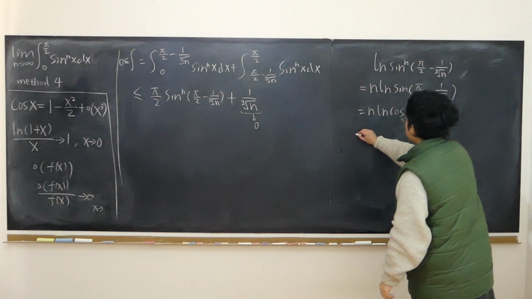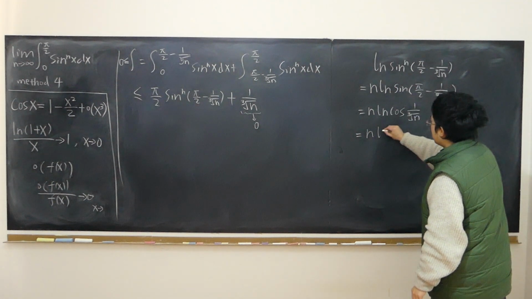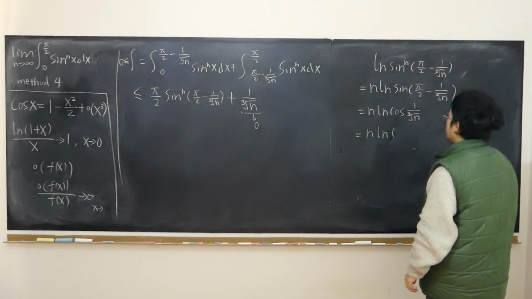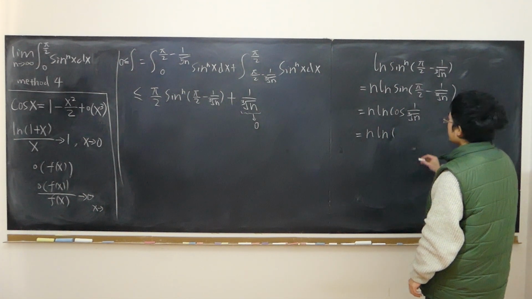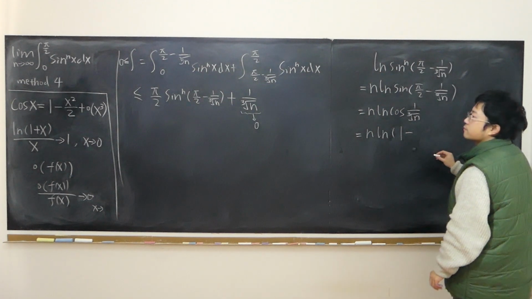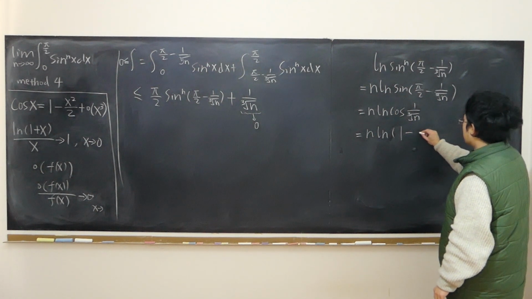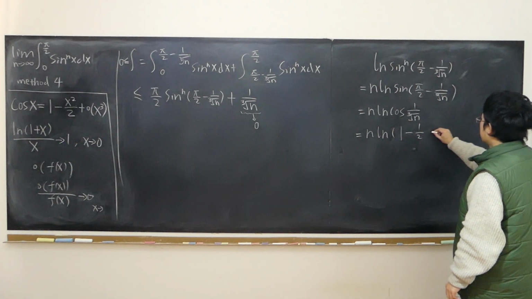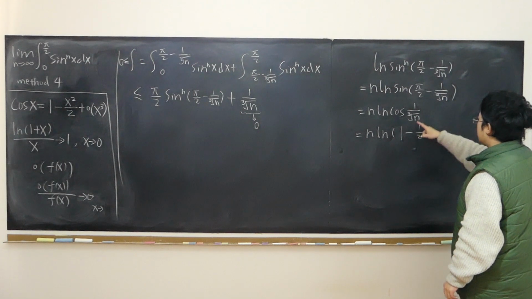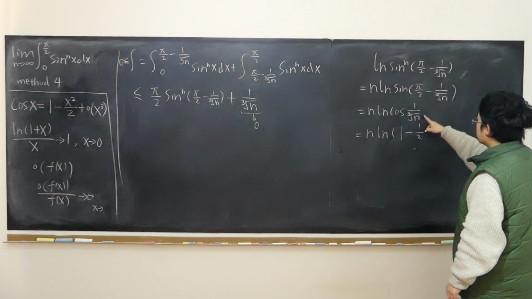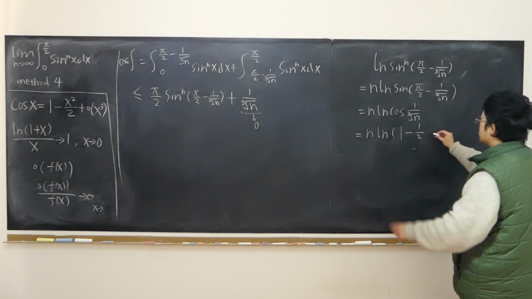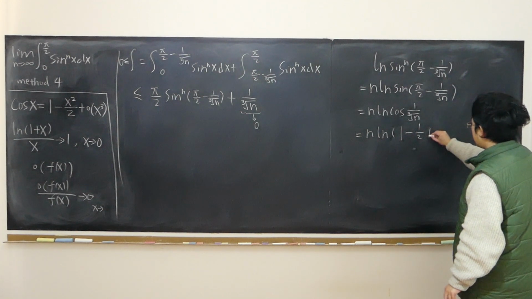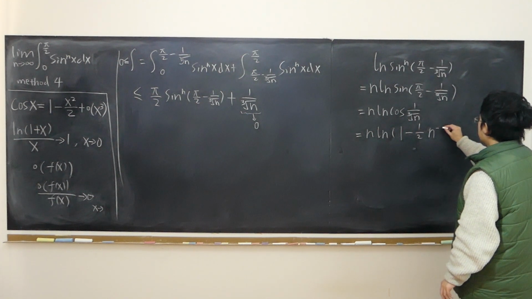So this is equal to n times log of the bracket 1 minus half of x squared. x is n to the power of 1/3 at the bottom, so it's n to the power of minus a third. Then square it, so times n to the power of minus 2/3.